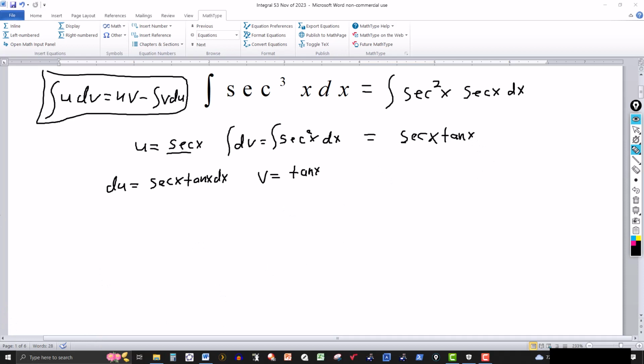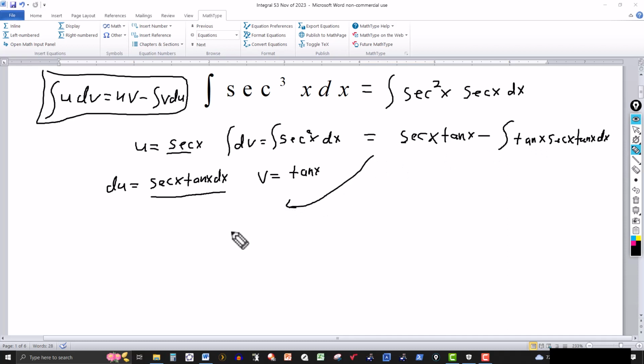Now the second part here involves an integral, and the formula has a minus there, you can see it. And then it's the integral of v, and right here's v, that's tangent of x, and then the second part is du. So here's my du, secant of x tangent of x dx. And I'm going to go over here, I'll get more space.